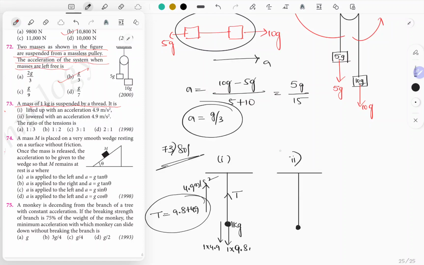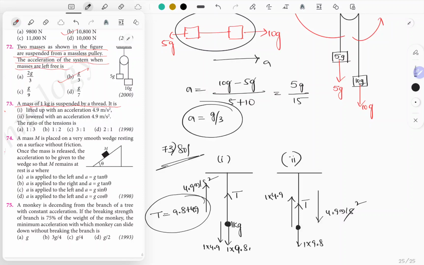Next, the second case. In the second case, it is lowered with an acceleration of 4.9 meter per second square. The pseudo force now acts in the opposite direction, which is 1 into 4.9, mass into acceleration. The weight acts downward, which is 1 into 9.8.